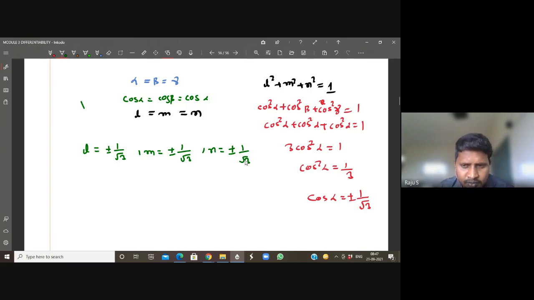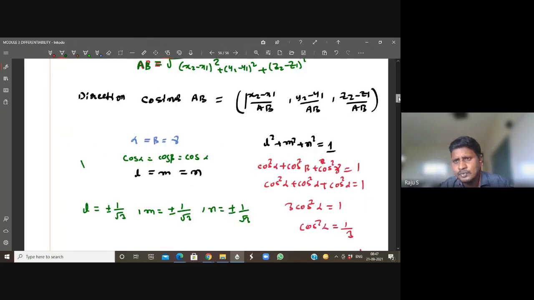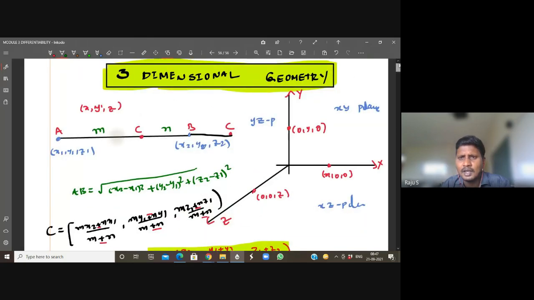Students, remember that L, M, N are not unique. L always has two values, M always has two values. Why? Because of this reason. See, when you take a line, there is a line segment. When you take any line segment, like this, this is the point P of x, y, z. Okay, I want to extend the same line like here.